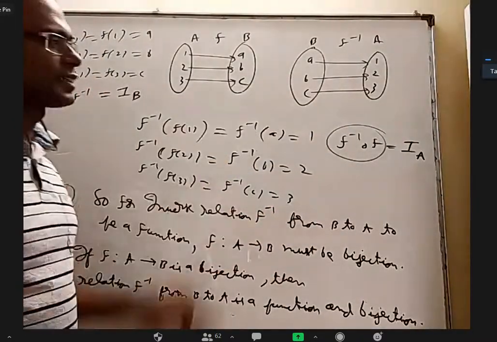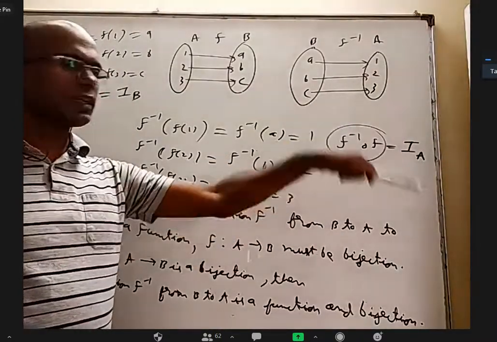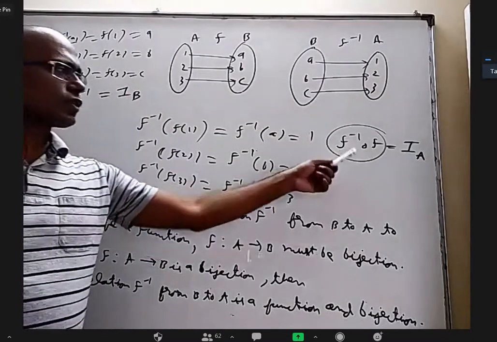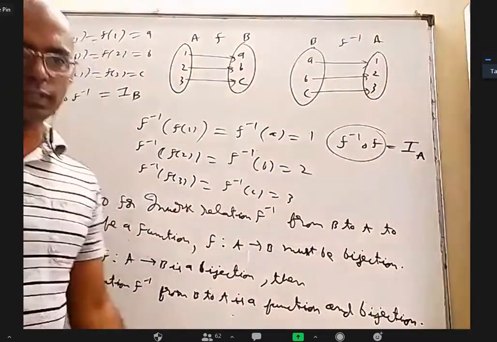I'm just giving an example of why f inverse circle f is the identity function on A and this is the identity function on B. You don't have to write the details, or leave it also, not a problem. Just listen.